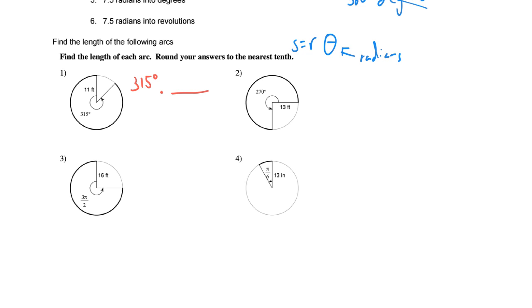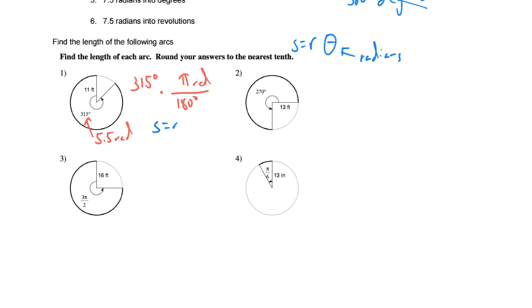But this time I'll multiply by 180 degrees is pi radians. To get that 315 degrees is equivalent to 5.5 radians. So that 315 is 5.5 rad. And now I can just multiply radius times radians.